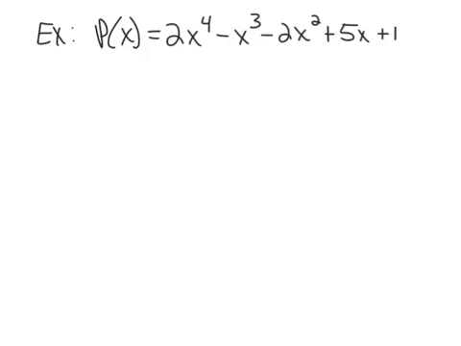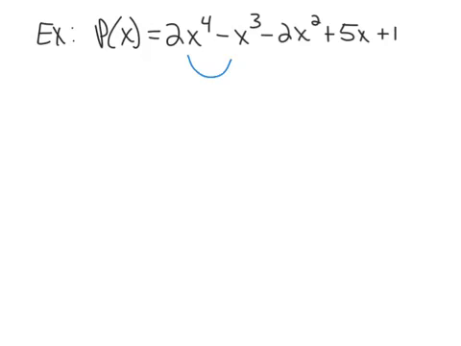All right, we have a polynomial function here, 2x to the 4th minus x cubed minus 2x squared plus 5x plus 1. And all we're going to do is use Descartes' rule of signs to determine the possible number of positive and negative zeros for this polynomial. So looking at the positive one, I start with a positive term, and then I'm immediately turning it into a negative term. So there's one sign change.